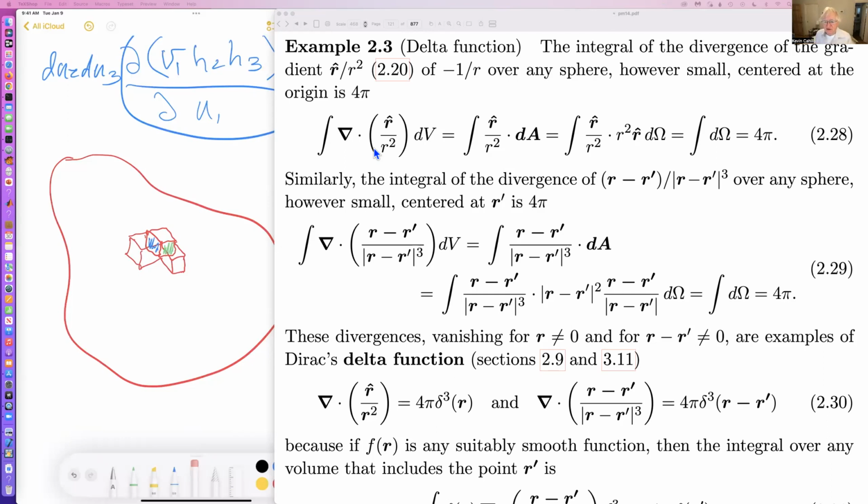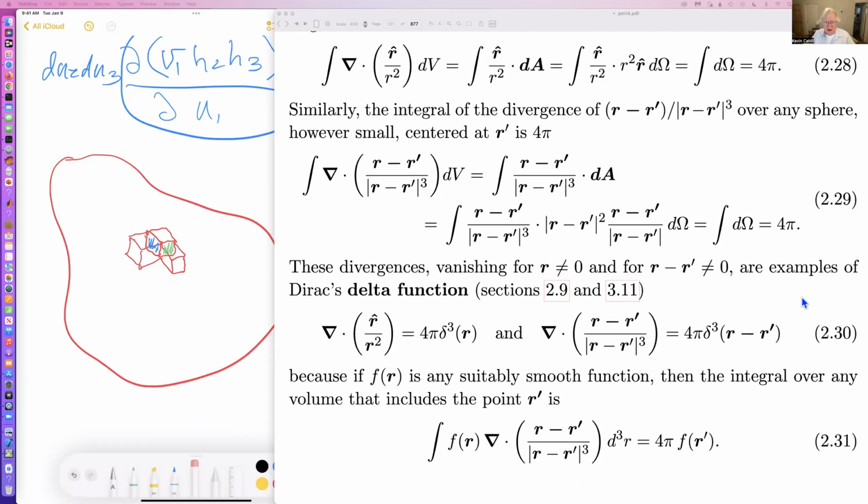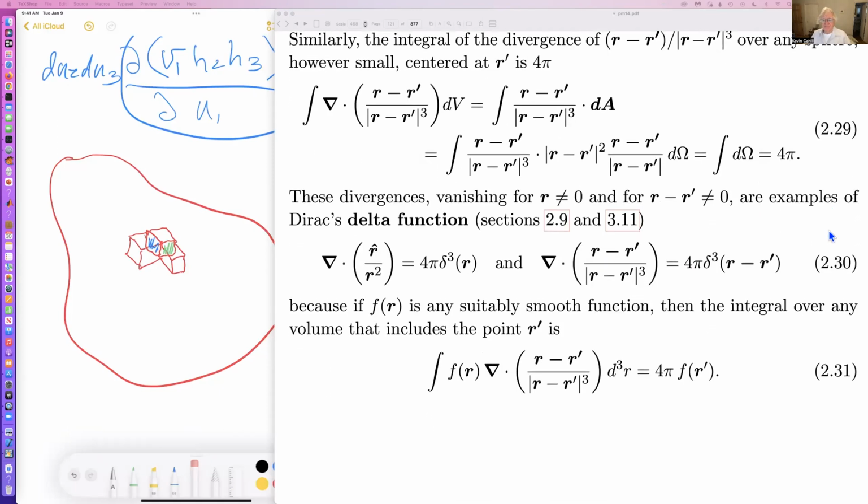And if, instead of using the origin, you take the divergence of r minus r prime over the length of r minus r prime cubed, what you have is this integral over the surface, and that again is 4 pi. So this is quite remarkable. You integrate the divergence of this thing over any volume, however small, that includes r prime, and you get 4 pi.